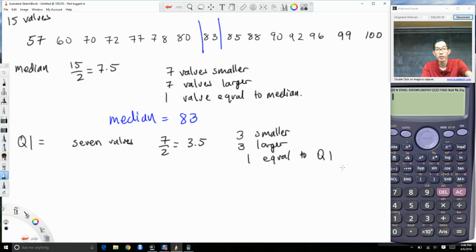So what is Q1 then? We look at 3 smaller, 1 equal, 3 larger, because we're just looking at this half of the list now, right? We've got 7 values here. So my Q1 is equal to 72.